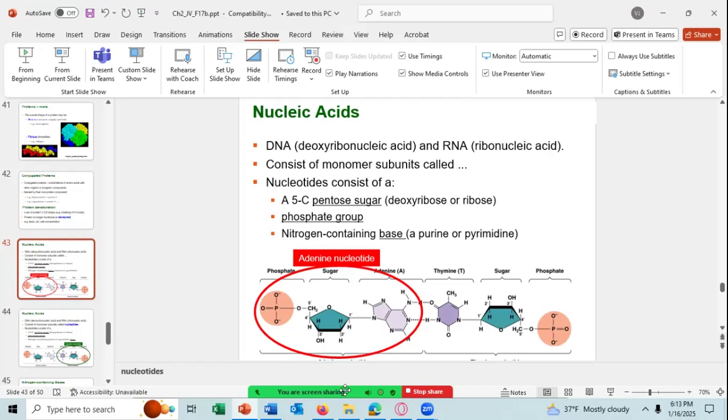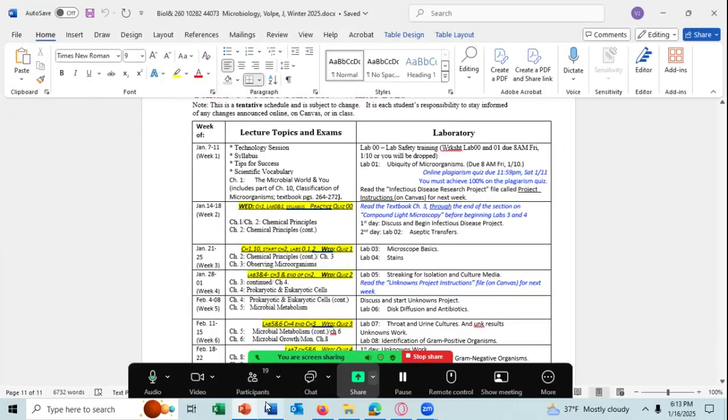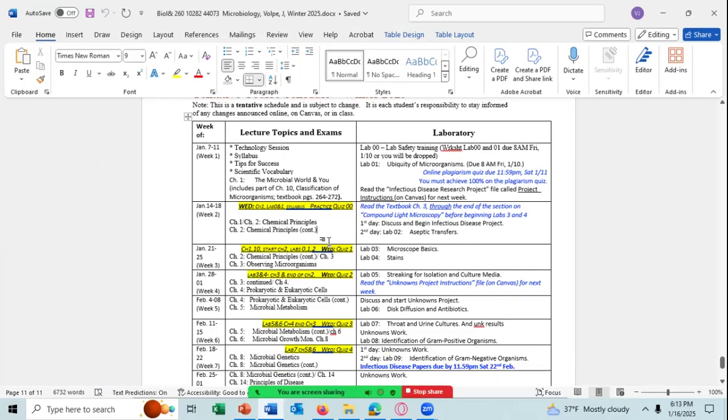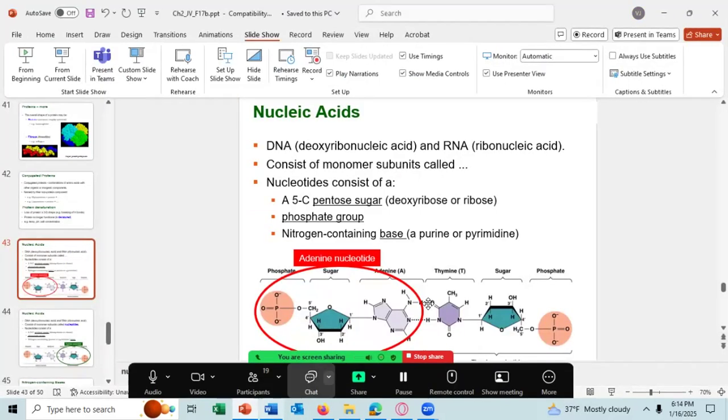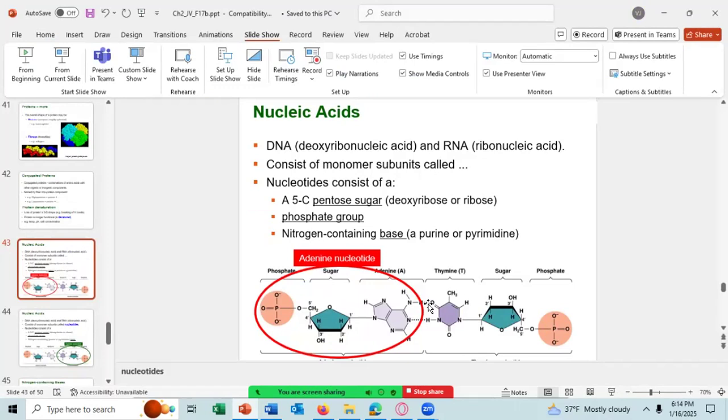Let me briefly talk about nucleic acids. Nucleic acids are the fourth biological molecule. There are two types of nucleic acids you must know, and that is DNA and RNA.